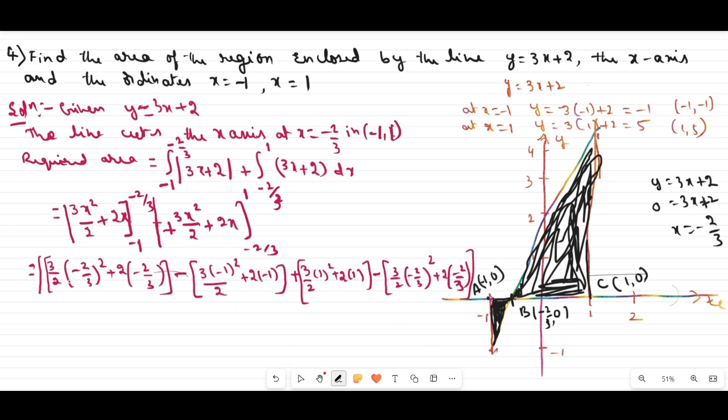Okay. So let me simplify this further. From here to here, it is a modulus. Modulus means even if you are getting any negative value, you must consider the positive value.